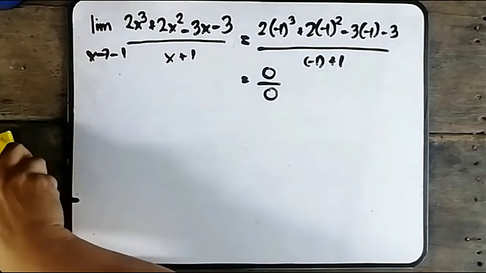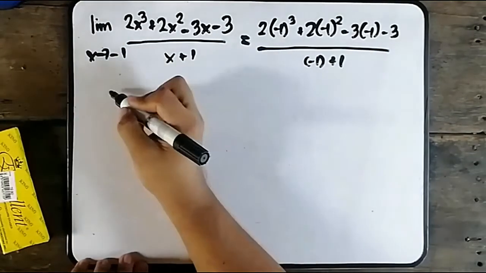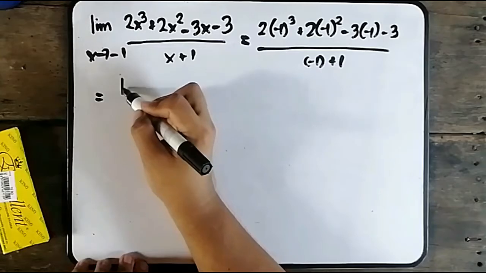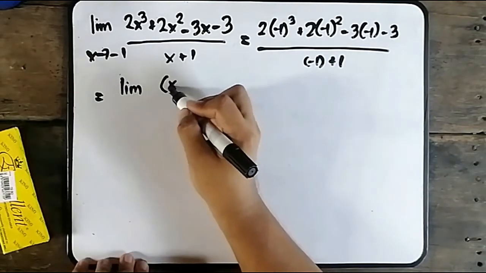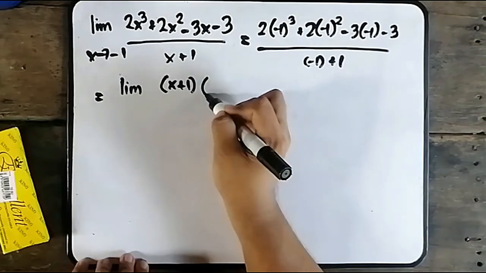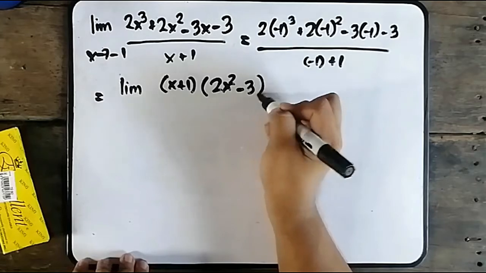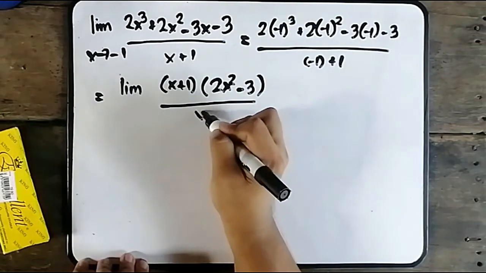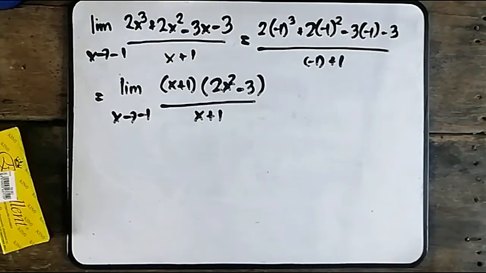Okay? But then again, pag titignan natin yung numerator natin, pwede natin siyang i-factor. And the factors are x plus 1 and 2x squared minus 3 all over x plus 1 as x approaches negative 1.